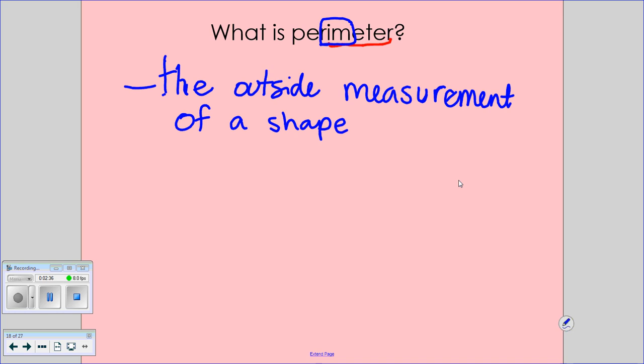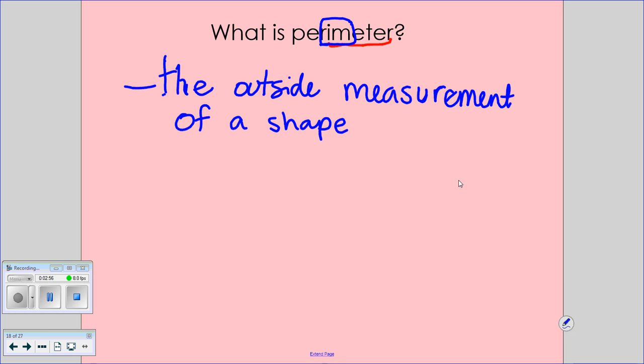So Ella gave us an example. Maybe we have a cup. The area would be what's inside that cup, the space on the inside. The perimeter would be that outer rim. Wouldn't it be all the outlines added up? Yes.